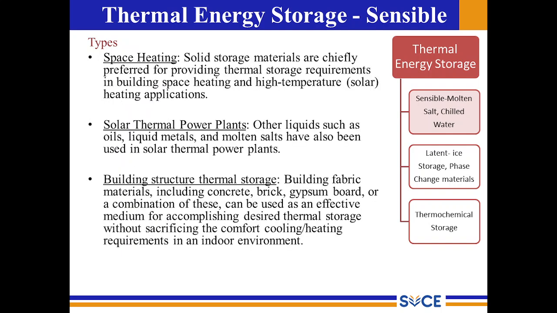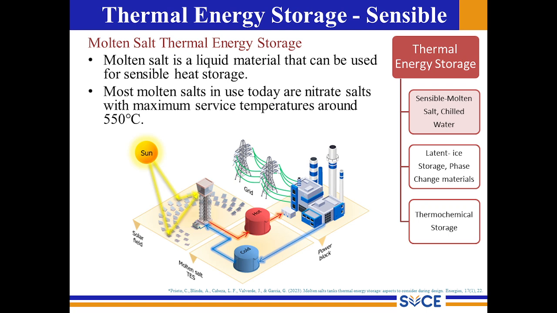So where applications are concerned, we have space heating, and solar thermal power plants are used for thermal storage. A very well-known application is molten salt thermal energy storage. We have around 13 gigawatt hour storage installed as of today.